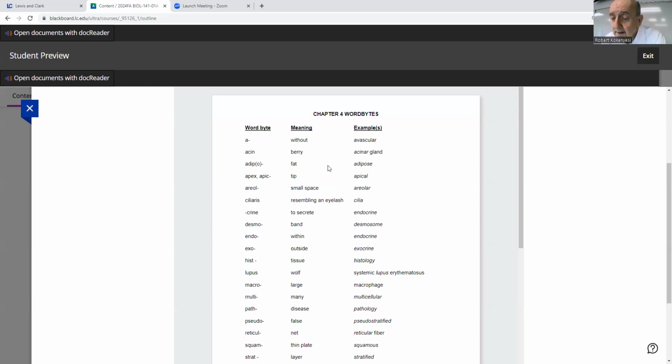So on a graded assignment, 20 questions on each lecture exam will be coming from matching a word bite to its meaning. So this is a student favorite, relatively easy to remember, and it is organically connected to the topics that we're discussing for each lecture exam material.